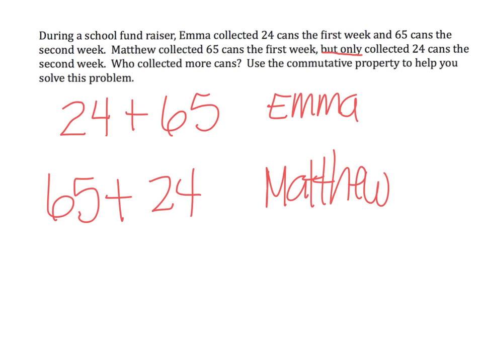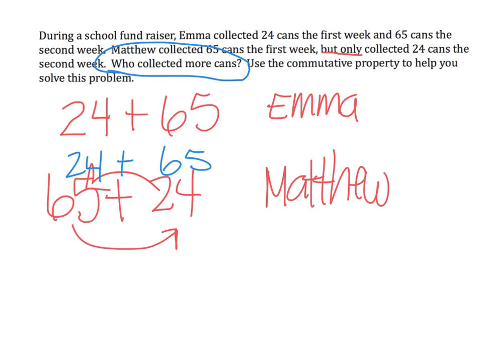So we could actually flip around Matthew's add-ins, and if we did that, we would notice that his is 24 plus 65. Those are the exact same as Emma. Emma and Matthew collected the same amount of cans. So when the question says who collected more cans, we would say they both collected the same amount.